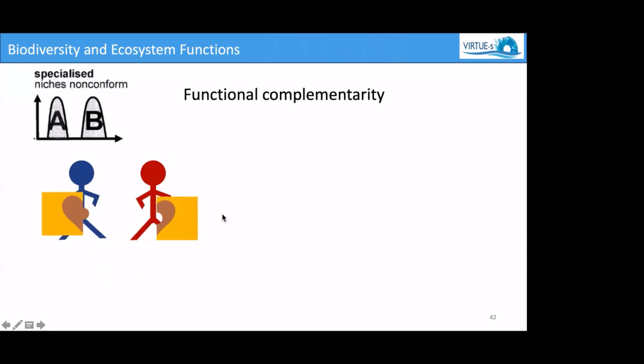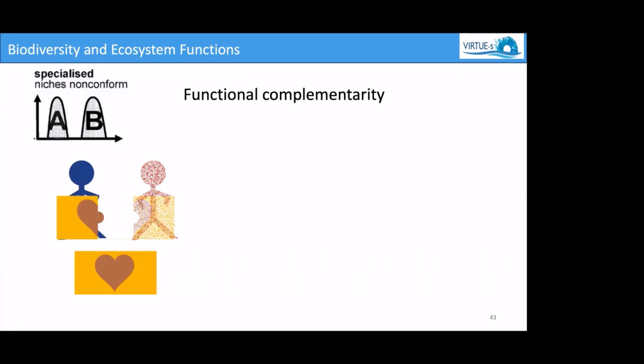But if you put these parts together, they form a function. Red cannot do the function of blue, and the same way blue cannot do the function of red.